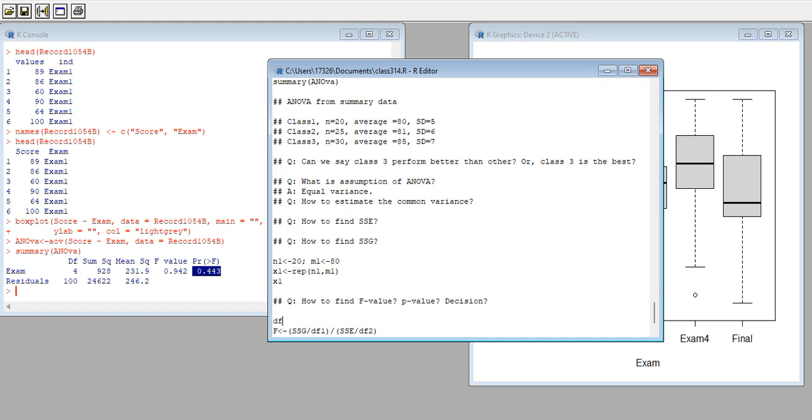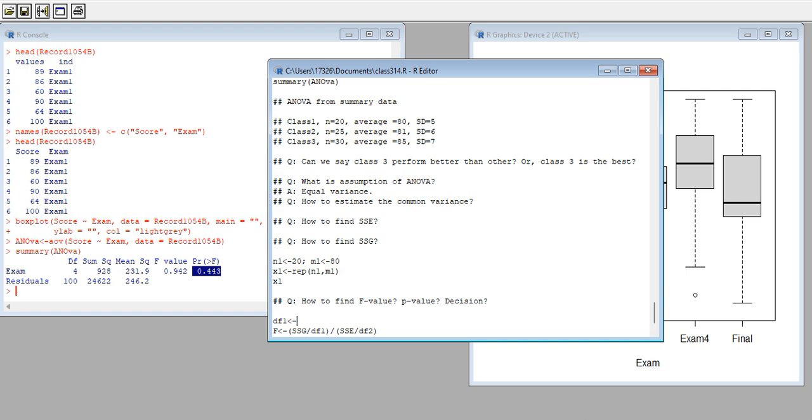In order to find this F value, we first need to check those degrees of freedom. What is degree of freedom 1? We compare 3 groups. For SSG, we replace the data so that within each class there is no difference, which is our assumption. So in class 1, everyone gets 80, 80, 80, 80. Class 2, 81, 81, 81.